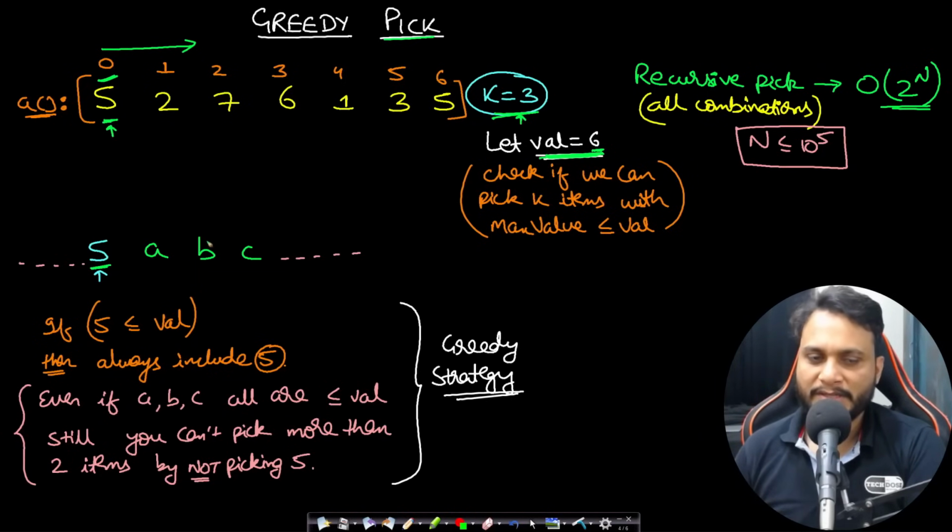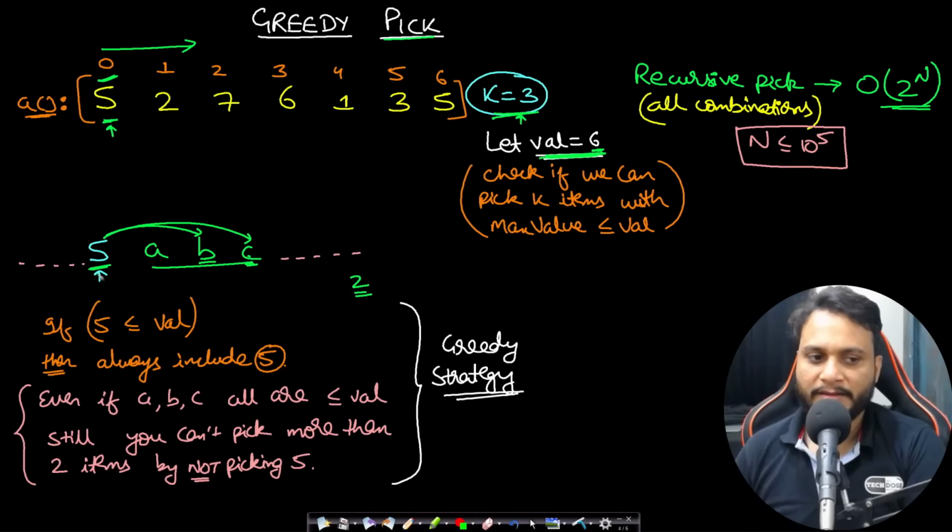Let's consider the best case scenario where A, B, C are all less than or equal to the value. If I pick this 5, I don't care how many items are on the left and right, I can easily choose one of these two options, B and C. If any one of B and C is less than or equal to the value, then the number of picks out of these 4 items satisfying our capability condition will be 2 picks.